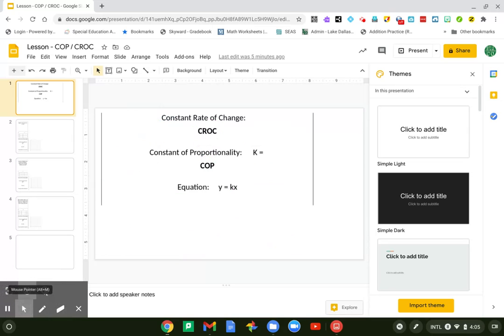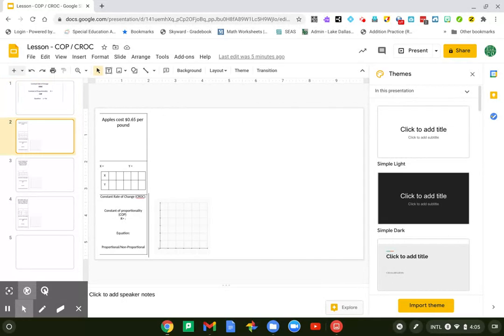All right, let's dig into this because I think it'll make more sense if we do that. Let's start with this. Apples cost 65 cents per pound. That means they are 65 cents per pound. That fraction bar also means per. So when we're working with unit rate, if I buy one, it is 65 cents.